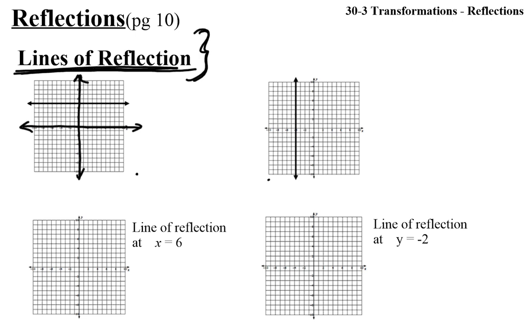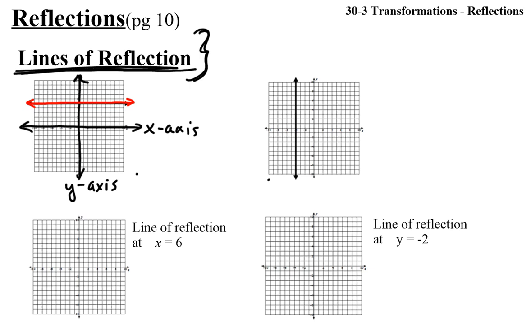A majority of times, you will reflect over the X axis or you will reflect over the Y axis. But understand it's not always that straightforward. Sometimes you get a line of reflection that's not the X or Y axis.